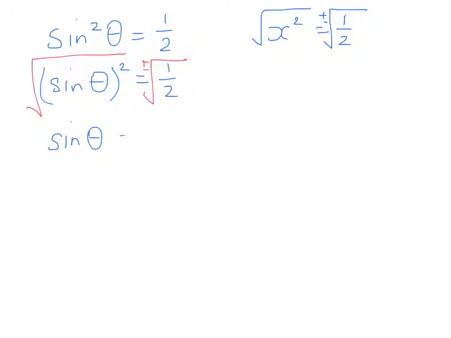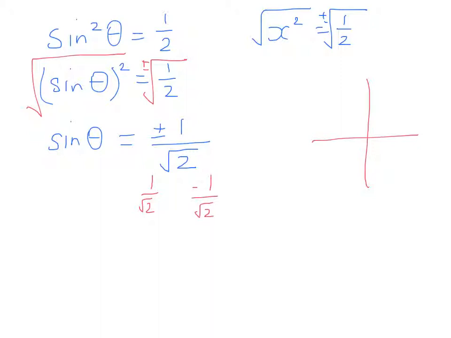So I have sine theta equals plus or minus, square root of 1 is 1, on root 2. Now what you'll find here is if we look at that as two solutions, there's 1 on root 2 and negative 1 on root 2. What we're actually saying is there's going to be multiple solutions. Sine is positive in quadrants 1 and 2, and sine is negative in quadrants 3 and 4. So what that means, we're actually going to have four solutions here.